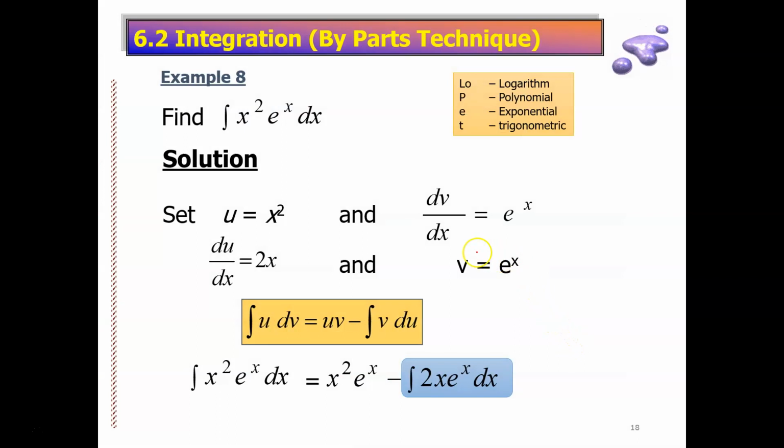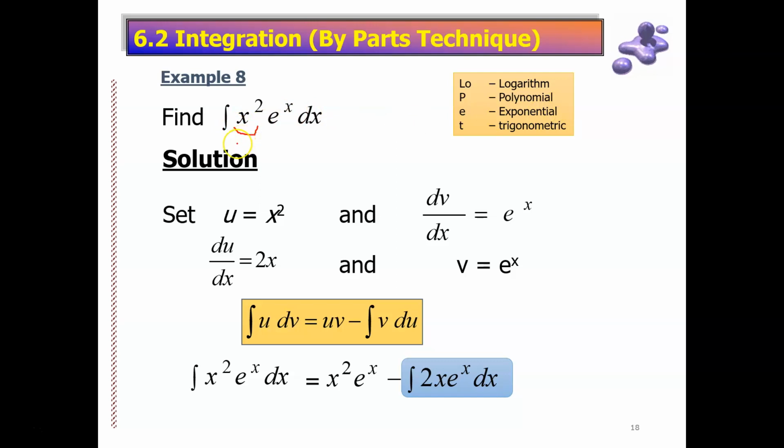Next example, find integration of x squared e to the power of x dx. So again, we're going to choose our u according to the LIPET rule. So x squared is polynomial.